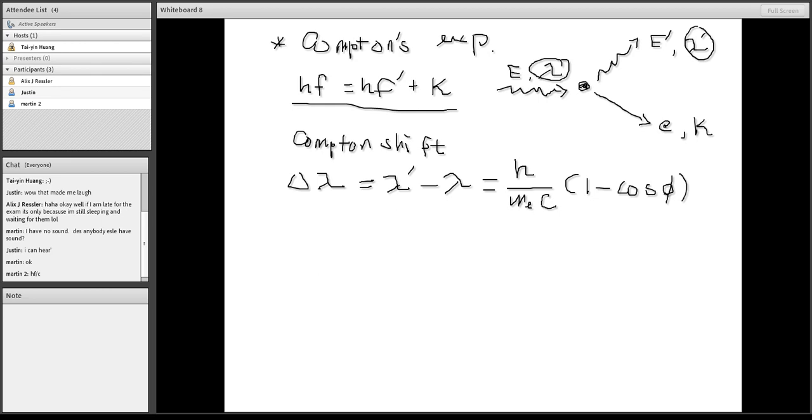So delta lambda can be calculated using either equation. If you know one of the wavelengths, you can use this equation to calculate the other wavelength. And the factor in front of the parentheses we call the Compton wavelength.